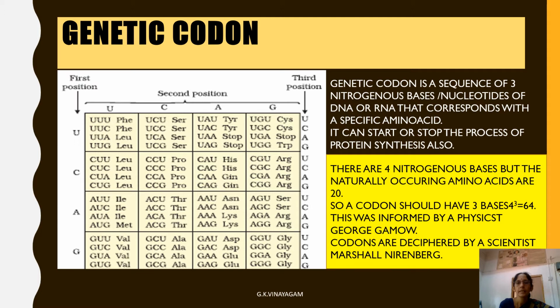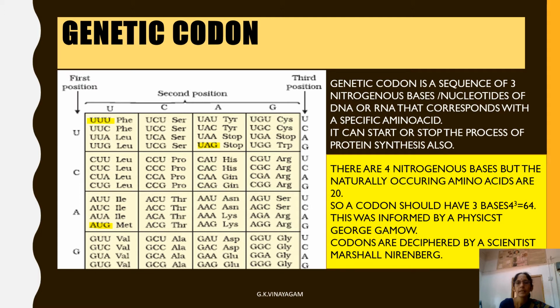So what are the codons you should know? One is the start codon, that is AUG. This is called the initiating codon or start codon. This you have to remember. Another one is UAG. This is called a stop codon. This is the start codon, and this is the stop codon.